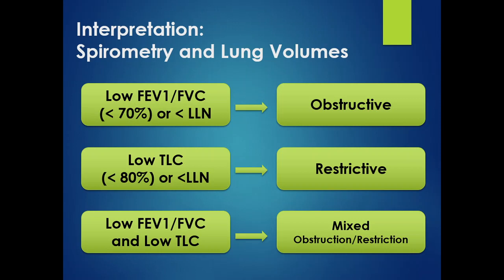If you have both a low FEV1 FVC ratio plus a low total lung capacity, this is a mixed obstructive restrictive lung disease. Then again, the hallmark for obstructive lung disease is a low FEV1 FVC ratio. The hallmark for restrictive lung disease is a low total lung capacity. The hallmark for a mixed pattern is the combination of low total lung capacity and low FEV1 FVC ratio.